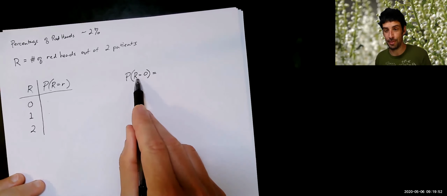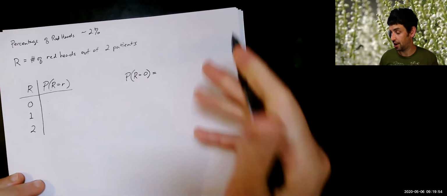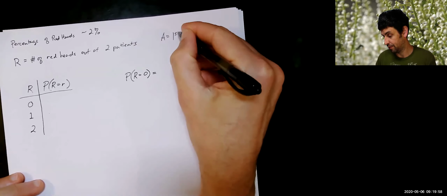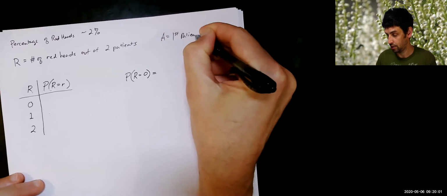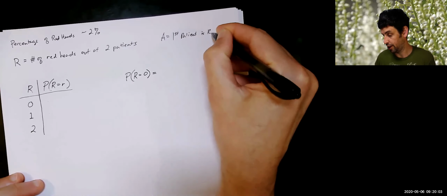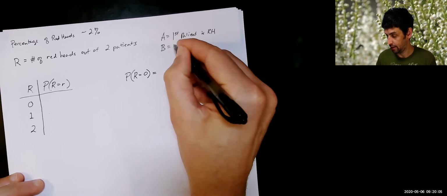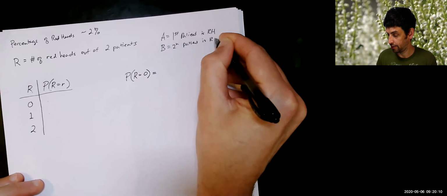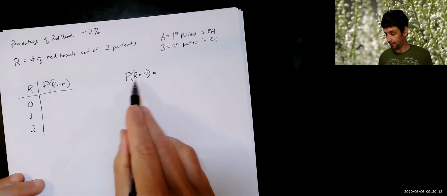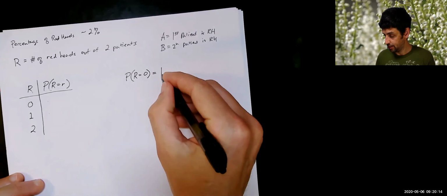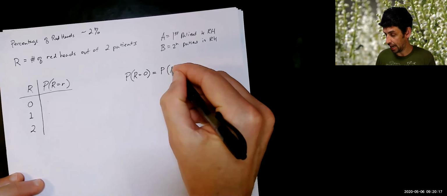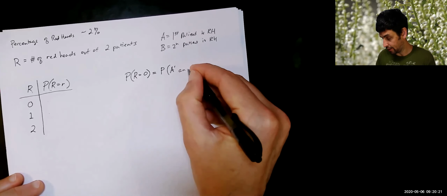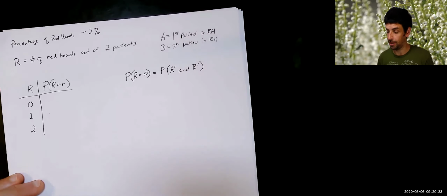It means the first patient's not a redhead and the second patient's not a redhead. So I'm going to write some events over here. I'm going to say A is the first patient is a redhead, and B is the second patient is a redhead. Then this event here, neither is a redhead, becomes A prime, remember, this is the complement of A, not A, and not B, or B prime.